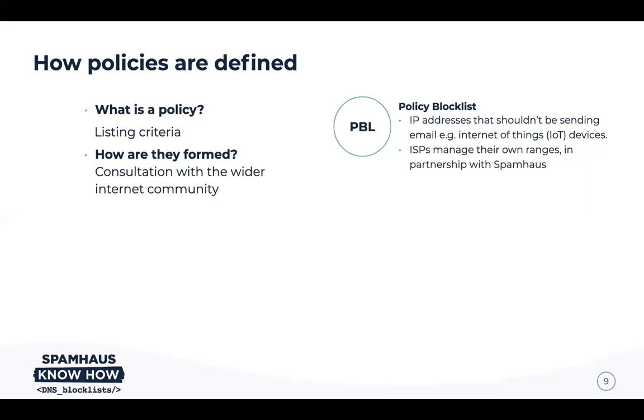And we've been doing this for over a decade right now, and we still get new people adding their ranges almost every day. So the part of the data that is managed by us and by the ISPs is always still growing.